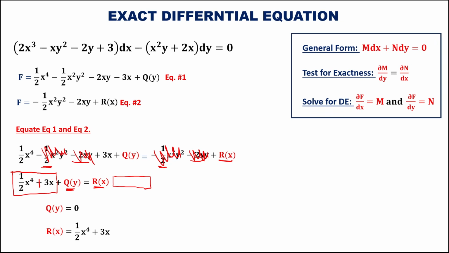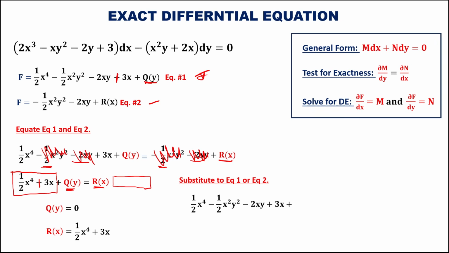Since we now have the values for qy and rx, to find the solution of the differential equation, substitute into equation number 1 or equation number 2. So using equation number 1, we have 1 half x to the power 4 minus 1 half x squared y squared minus 2xy plus 3x plus qy.